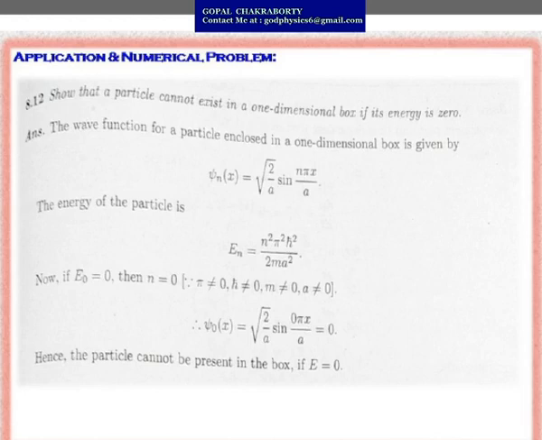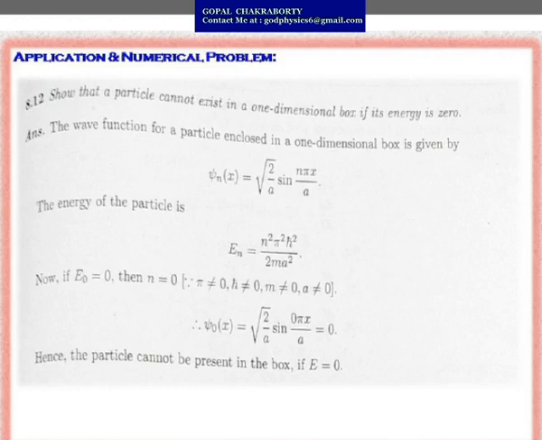From there, the energy eigenvalue can be written as E suffix n equals n square pi square h cut square by 2 m a square.